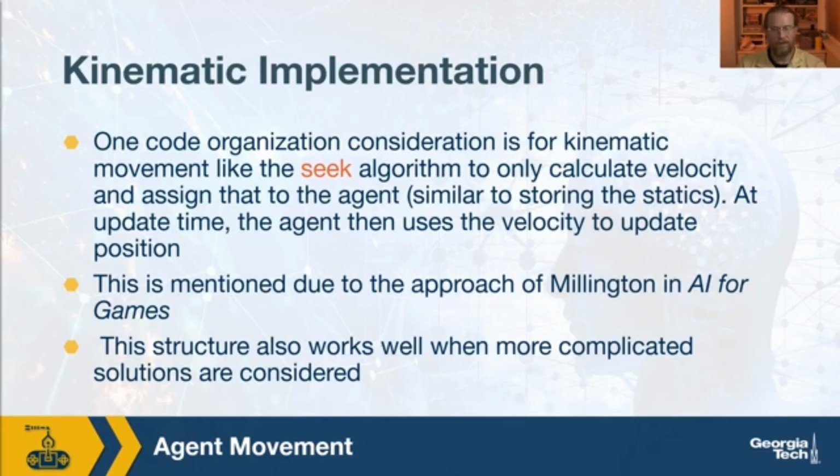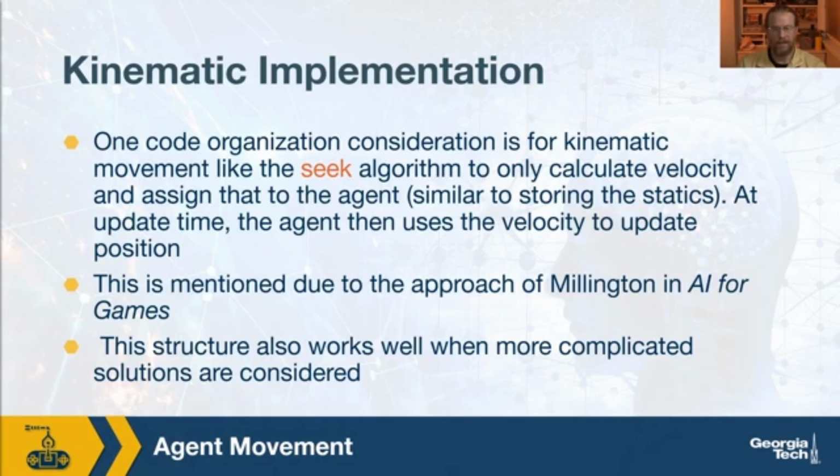And if we were to do so, one consideration that we might take is that we might decouple the calculation of our velocity. So say in the case of seek, we come up with a velocity that takes our agent towards the target. We might just come up with the velocity and then assign that to an agent.